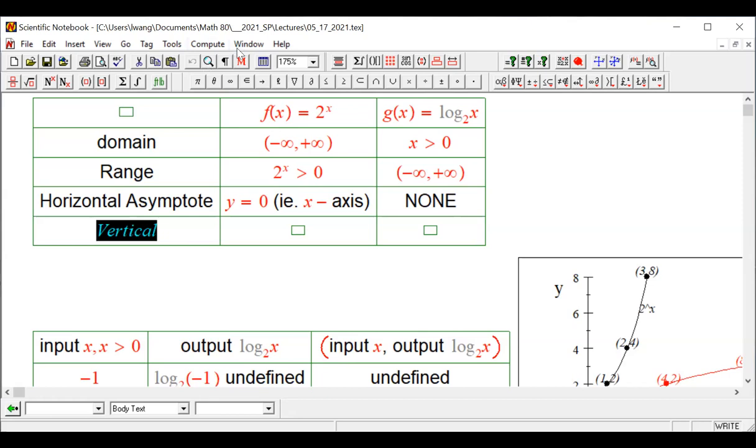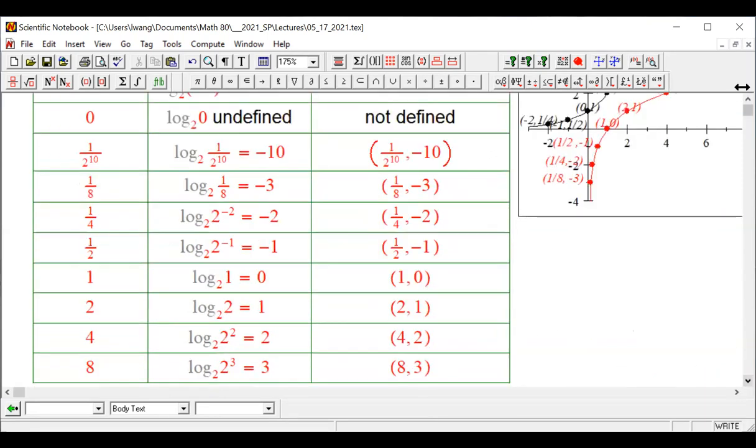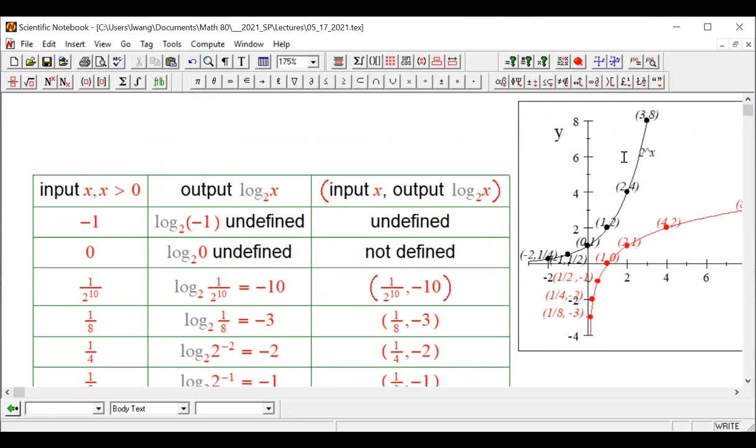Vertical asymptote has a similar concept. What it says is that the red curve doesn't touch the y-axis. It could get infinitely close to it, right? The red dot could get closer and closer to the y-axis.